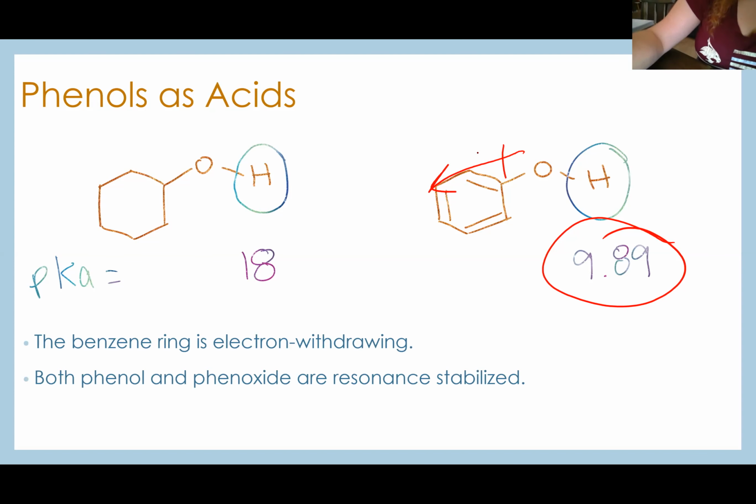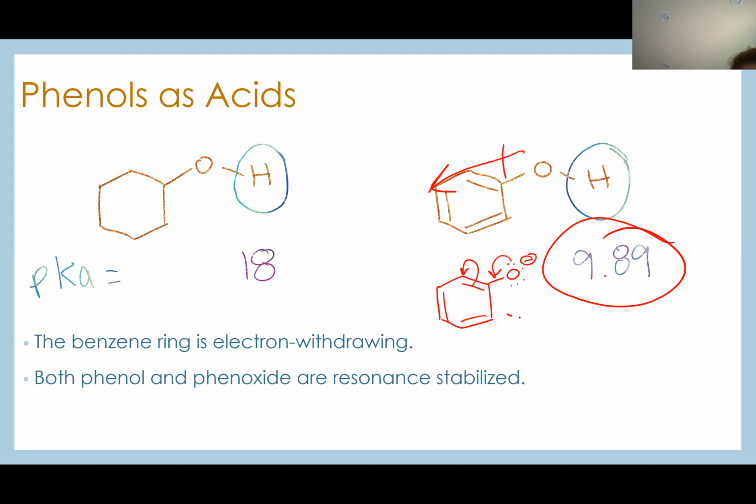So if you deprotonate phenol to create phenoxide, you can move the negative charge around the ring in a lot of different ways. You can create quite a few resonance forms.